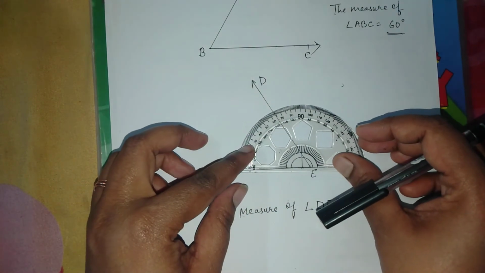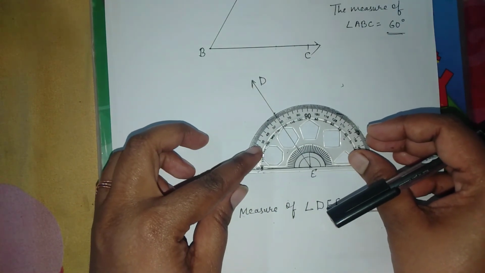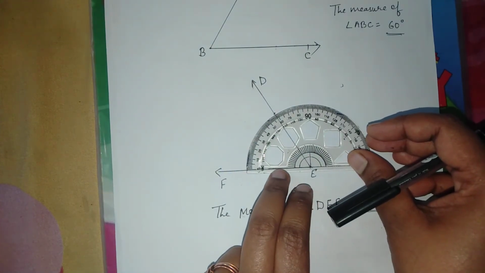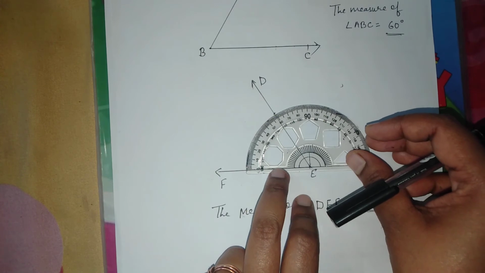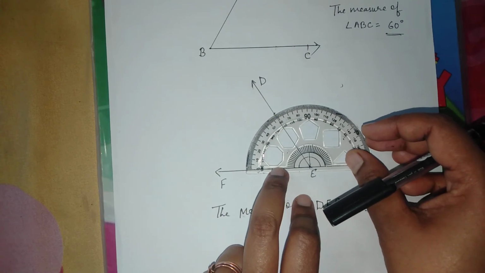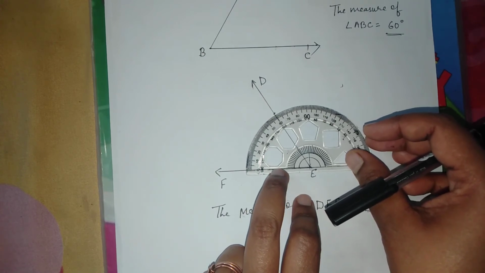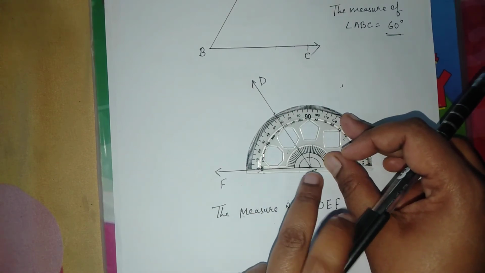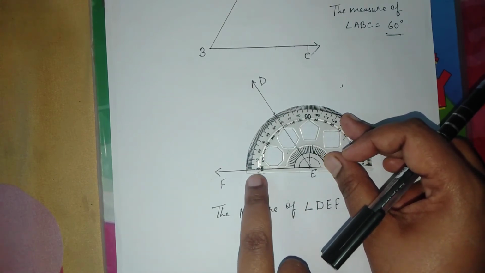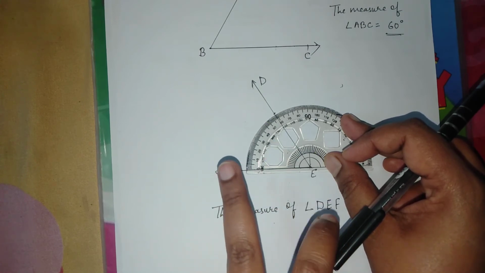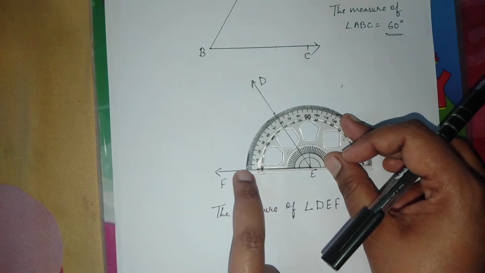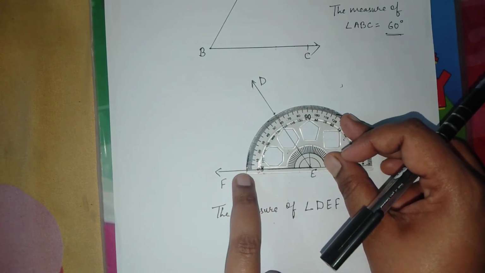So same as before, the baseline should be on this arm, with the center on the vertex. We have placed it. Now see which scale we have to use. We have to use the scale where we get 0. The line points to 0 degree here, which means in the outer scale we are getting 0 degree.